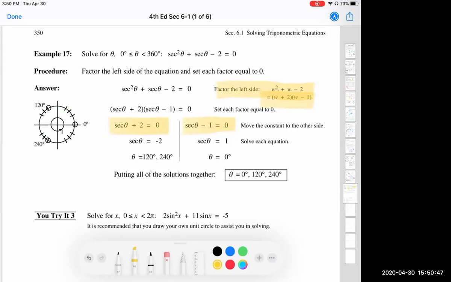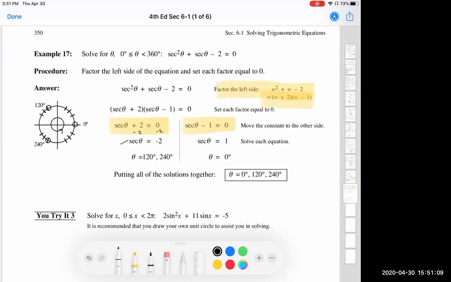So we do one more step. We go ahead and move our numbers, minus 2, minus 2. We're left with secant theta equals negative 2. When is secant negative 2? Well, we see that secant is 2 at 60 degrees, and therefore it's negative in quadrants 2 and 3.